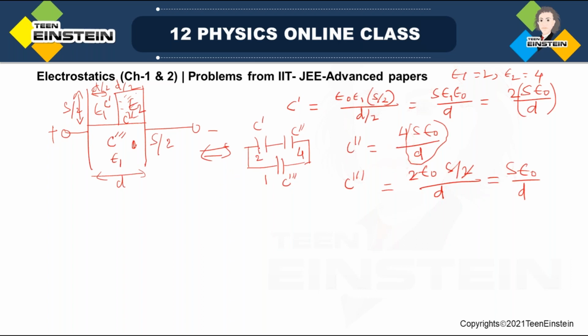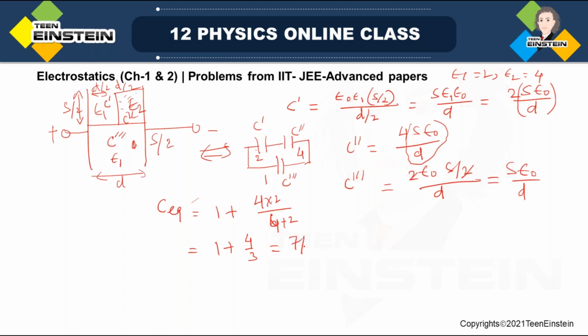So if I take this combination, the equivalent capacitance will be 1 plus, these are actually in series, so 4 into 4 by 4 plus 2, that is 8 by 6, so 4 by 3.